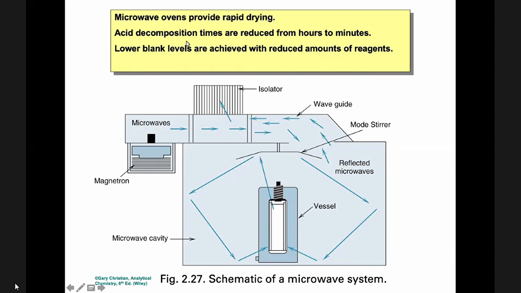So here, acid decomposition times are reduced from hours to minutes only. When you do acid digestion of a sample, it would take 1 to 2 hours, sometimes 3 hours, in sample preparation prior to reading it in an atomic absorption spectrophotometer.